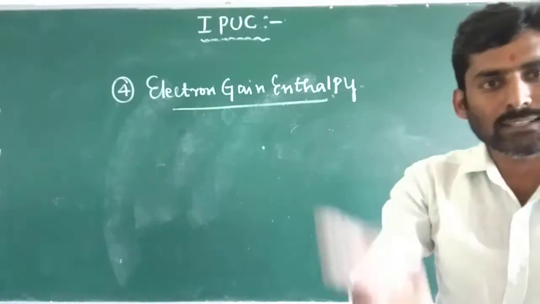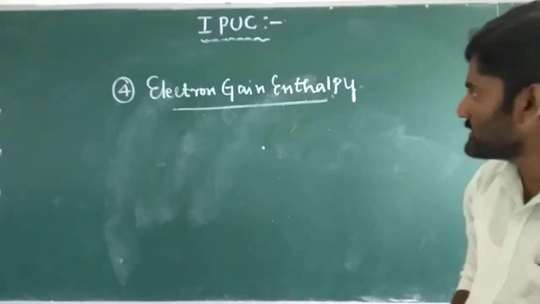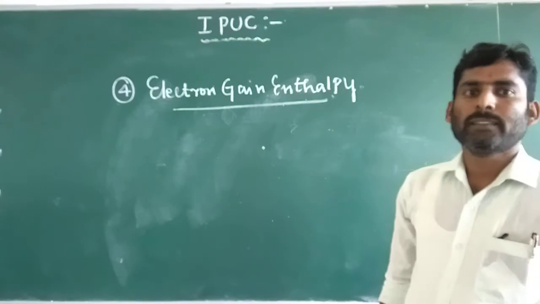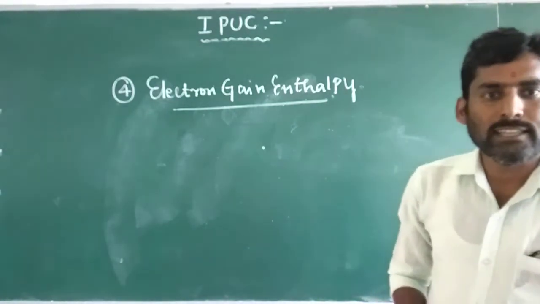When an electron is added, the ion becomes negative. So when an electron is added to the atom, the ion becomes negative and energy is released.